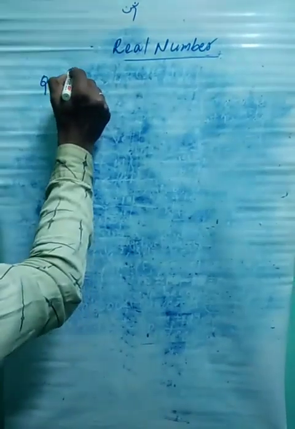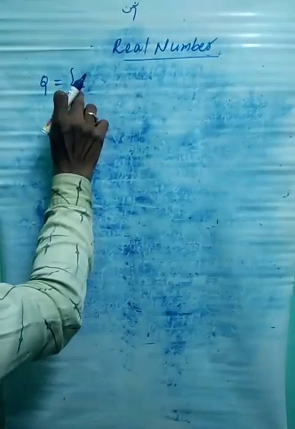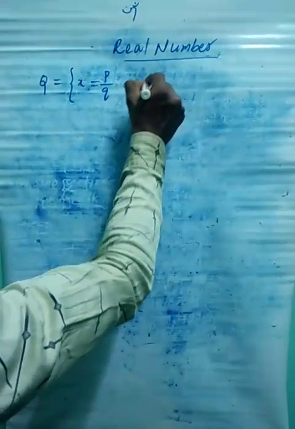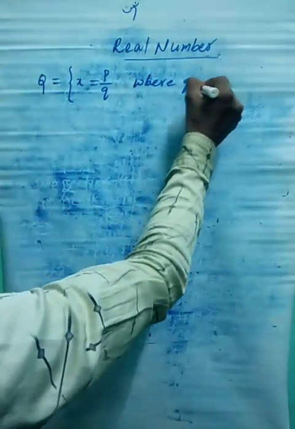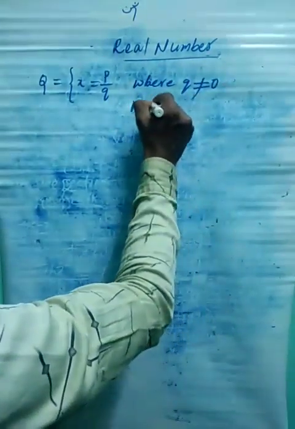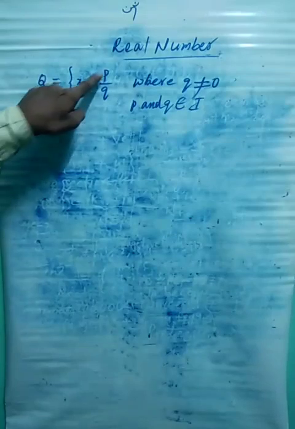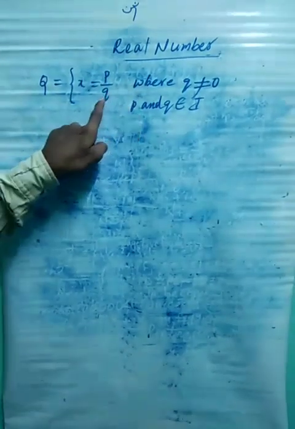Rational numbers are the numbers which are in the form of P by Q, where Q is not equal to 0, and P and Q belong to integers.